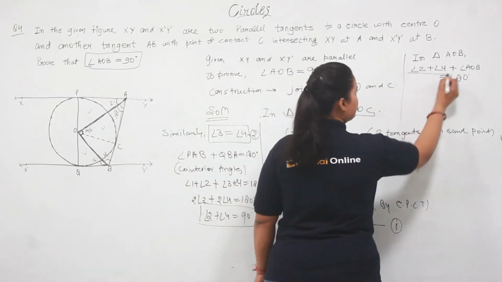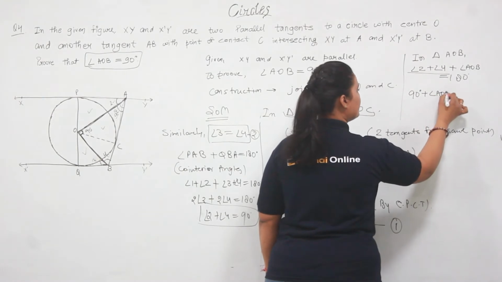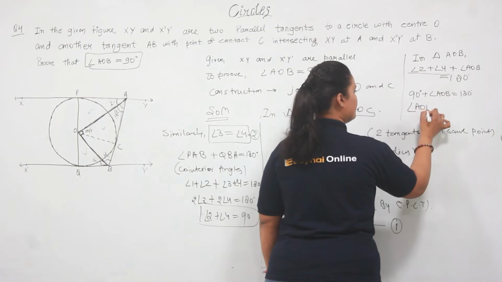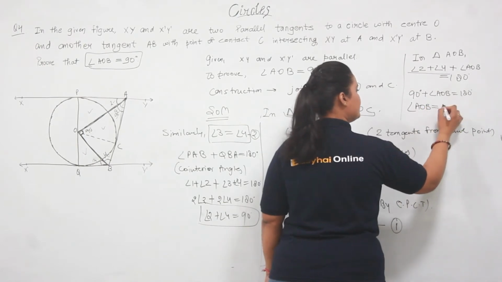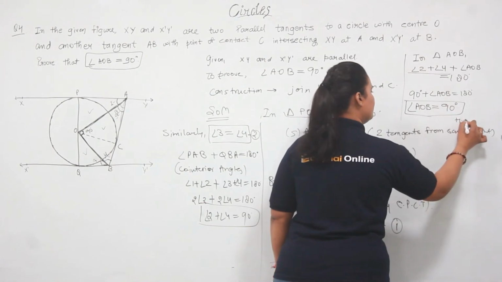I can say it is 90 and angle AOB is equal to 180. So angle AOB is equal to 180 minus 90, which is 90 degrees. This I had to prove.